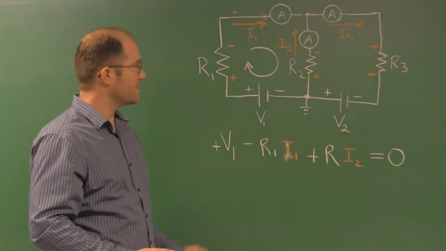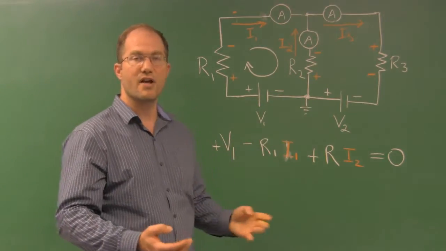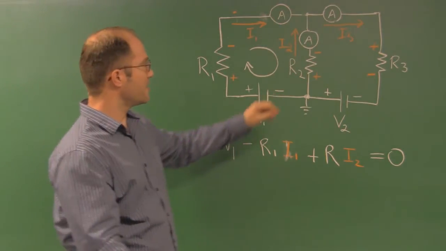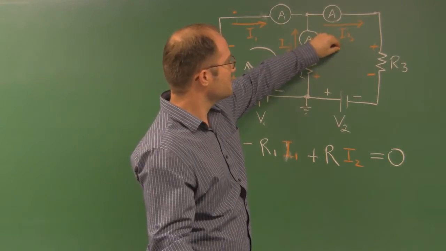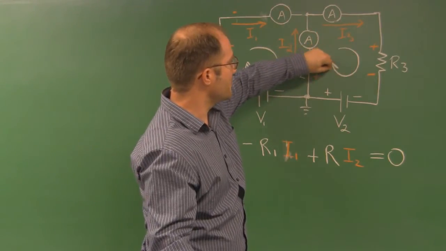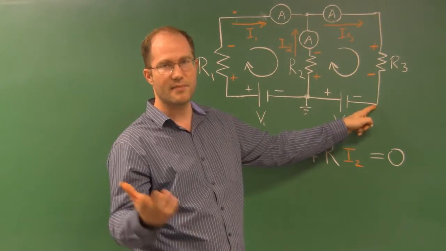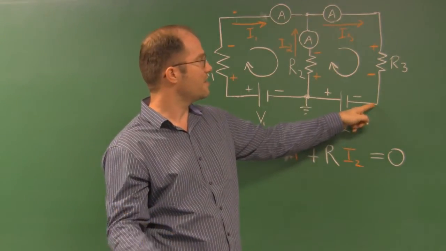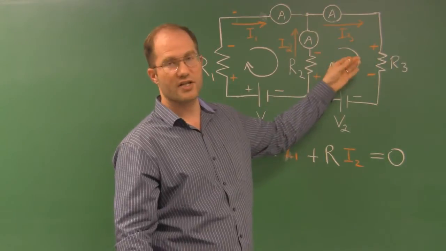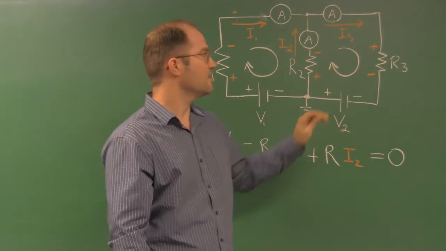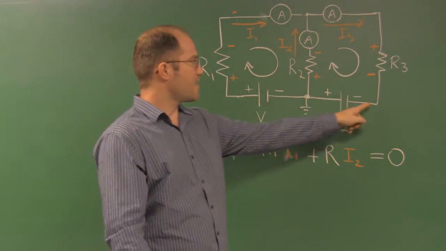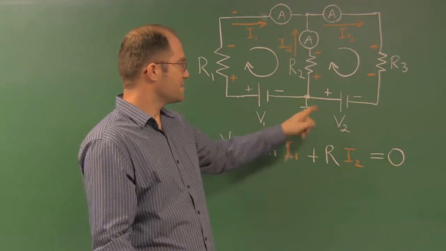All right, let's take a look at this right-hand loop, and we'll do it the same way. So let me make, again, a clockwise loop. And let's start, as we did before, to the right of our power supply. Just an arbitrarily chosen starting point, arbitrarily chosen direction. I could have gone counterclockwise. But let's do it like this. So we'll start here. We have a voltage rise. So that's V2.